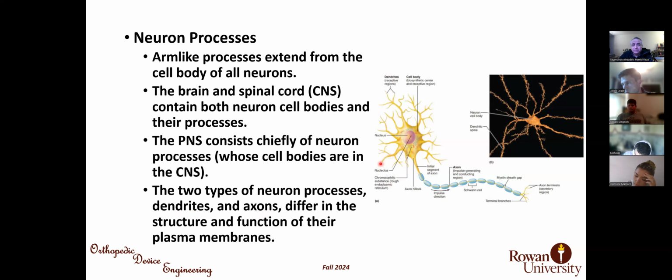Dendrites are short projections or processes, and they branch into several branches. But axon is a single process.